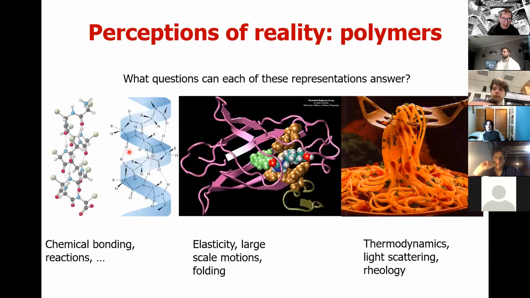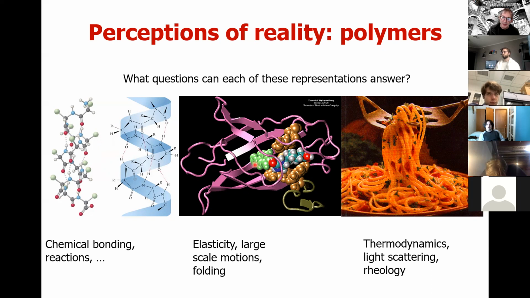Each of these levels of description, it's not that one is better than the other, but they answer different questions. This level of description is what you are forced to use if you want to understand chemical bonding or reactions. This level is what you would use if you wanted to understand, say, protein folding or large-scale motions of a ribosome or the elasticity of a cellular membrane.